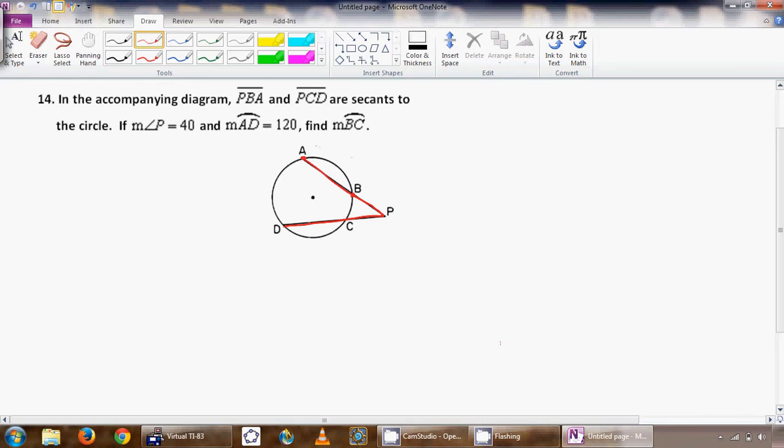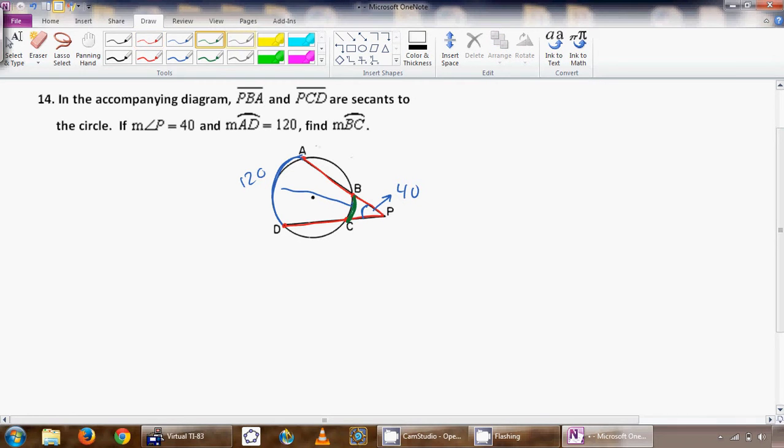If the measure of angle P is 40 degrees, and the measure of arc AD, the big arc, the one furthest away from that angle, is 120, they want me to find the measure of arc BC.